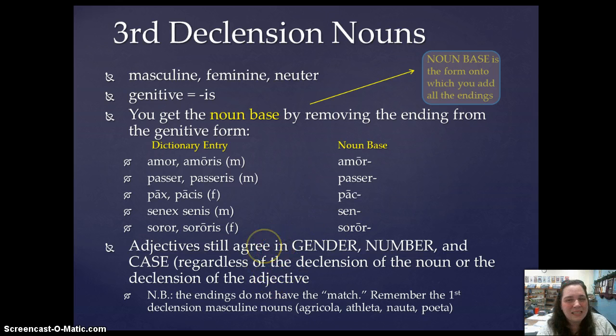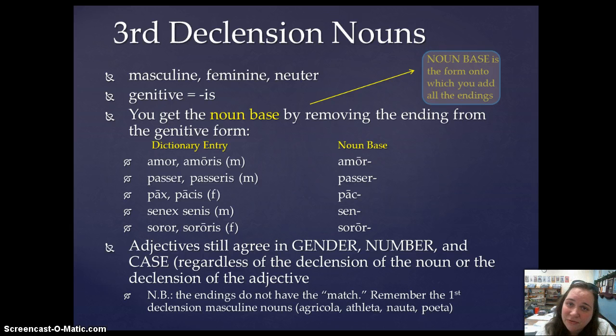Now, one last thing that you absolutely have to remember is that any adjective can describe any noun, regardless of the declension of the adjective or the declension of the noun. So far, the only adjectives that you guys have learned have been first, second declension adjectives, meaning that they follow the first, second declension noun patterns, right?